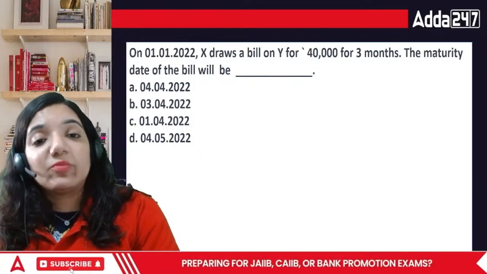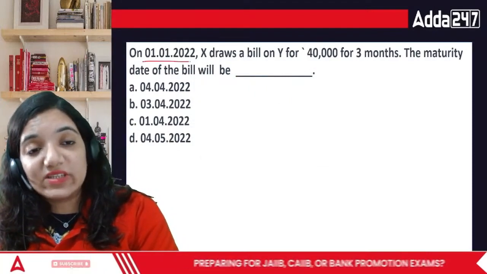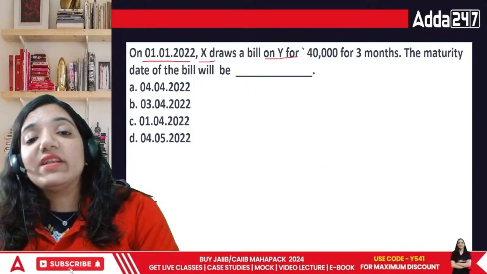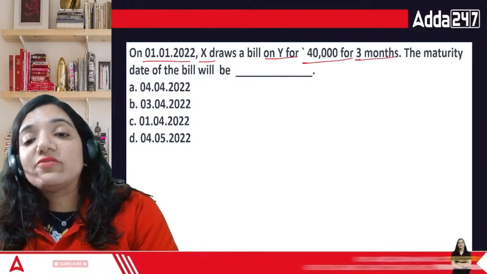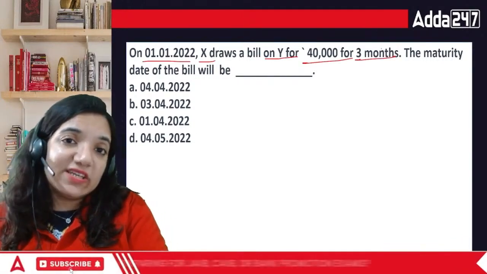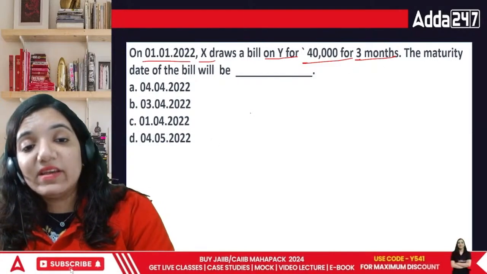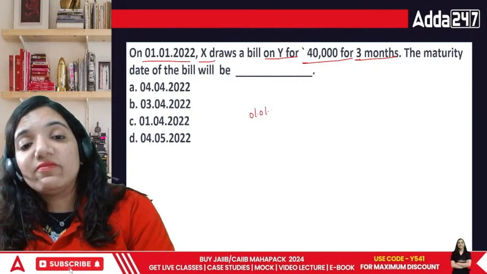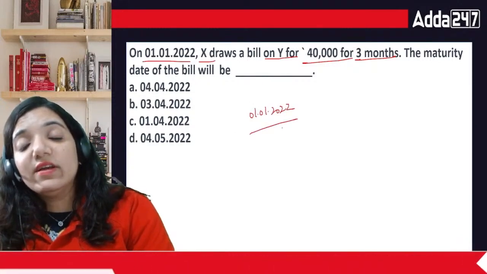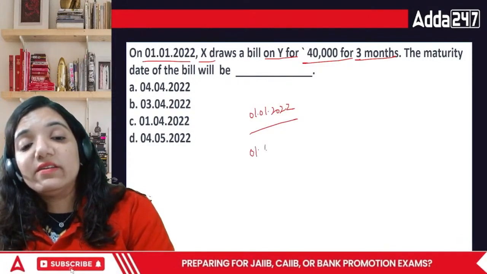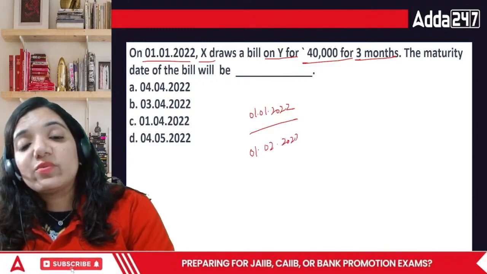Okay, here comes the next point. On 1/1/2022, X draws a bill on Y for 40,000 for 3 months. Everybody, when they talk about days, then you need to be very precise. But when it talks about the month, just change the month. If the first month was 1/1/2022, then the next would be 1/2/2022.